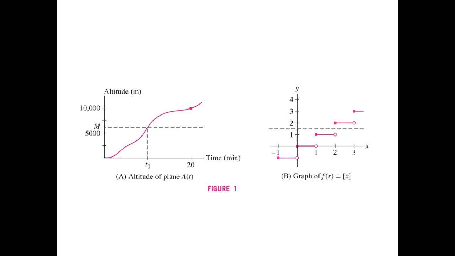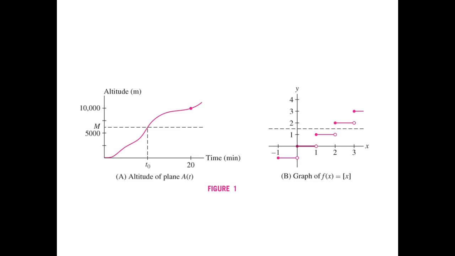So we have to assume in this thing, if we knew that the plane starts at altitude 0 and makes it to 10,000 20 minutes later, somewhere, sometime in those 20 minutes, at least one time, it had to be at altitude, what was that? 6,582 feet, 0.52 feet.